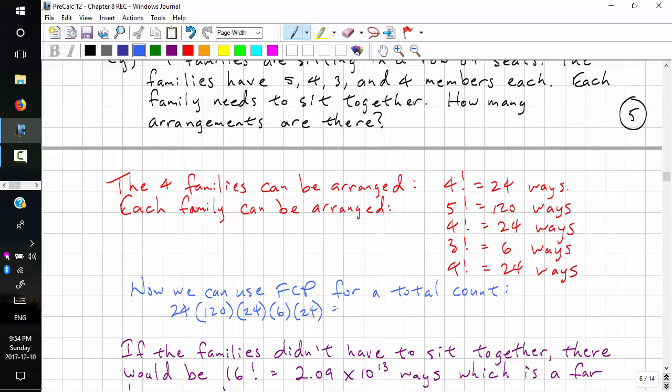And if I've done my arithmetic correctly, we have 9,953,280 ways.